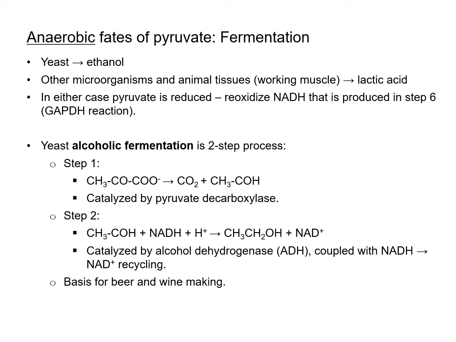And step 2 is that this acetaldehyde is converted to ethanol. This reaction is catalyzed by alcohol dehydrogenase, or ADH, which is coupled with NADH to NAD+ recycling. And this whole process of alcohol fermentation is the basis for beer and wine making.